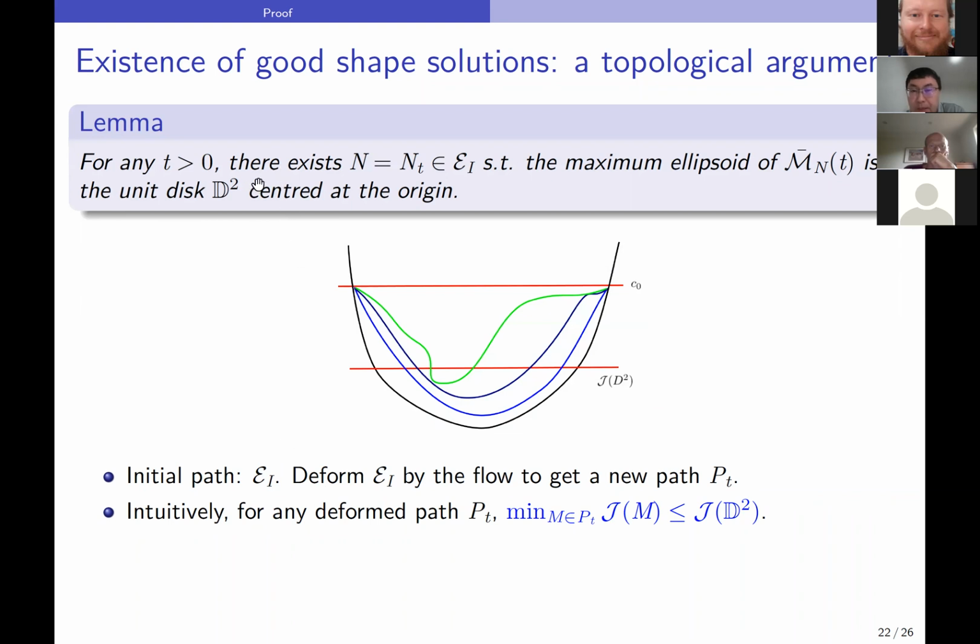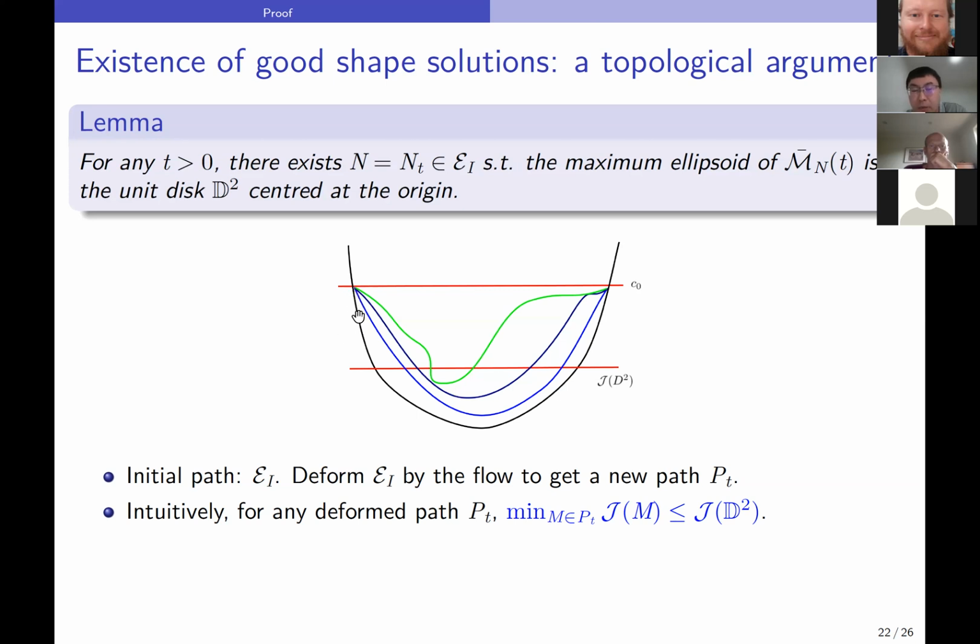So basically, this lemma says that no matter how you deform this path, for any deformed path, we can always find a point such that the value of the functional is less than or equal to the value of the disk D2.